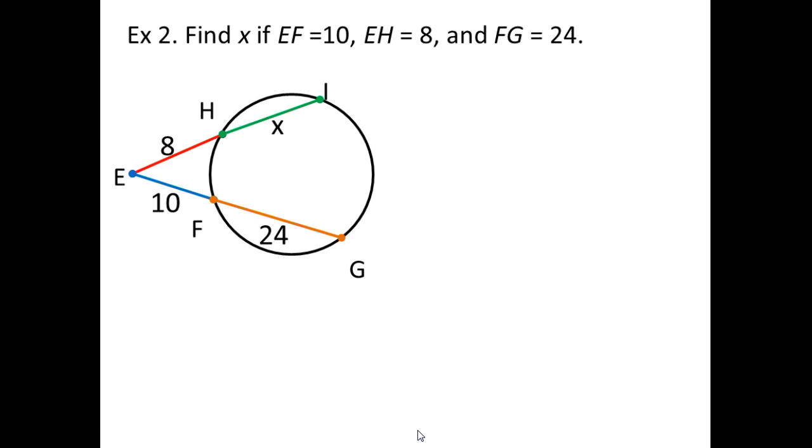Example 2. Find X if EF equals 10, EH equals 8, and FG equals 24. So we're going to use the outside part times the whole secant equals the other outside part times its whole secant.